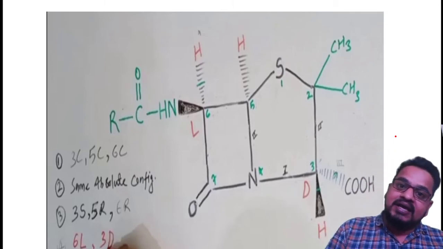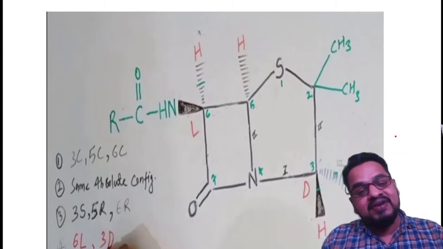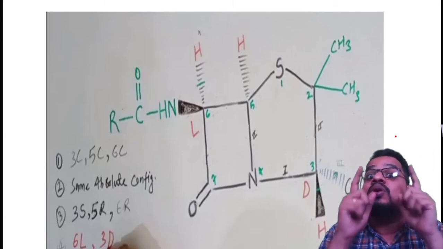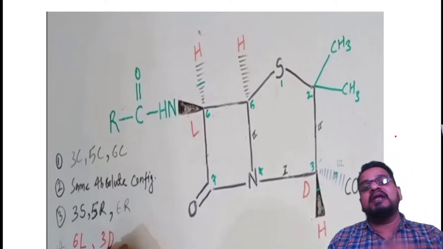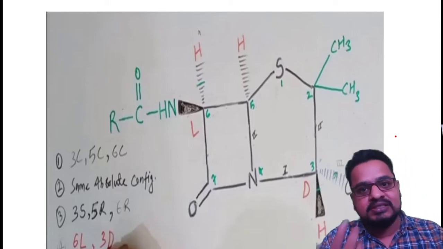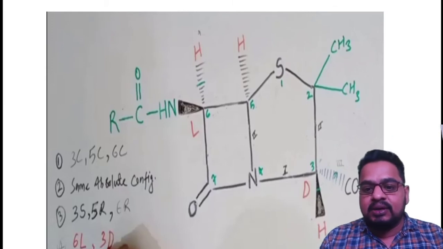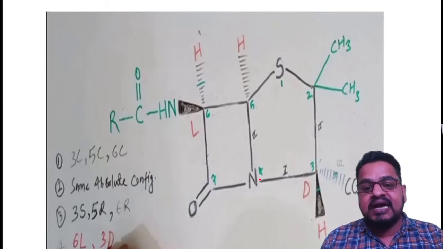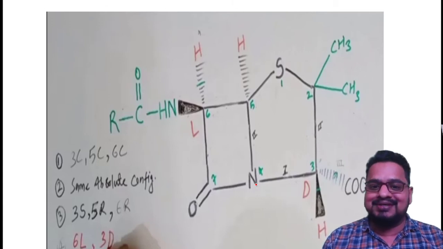And if from higher priority to lower priority it is in a clockwise direction and the lowest priority group is above the plane, we call it an S configuration. You know that. Let us see. Now this is the carbon number 3. Now this is attached to nitrogen.